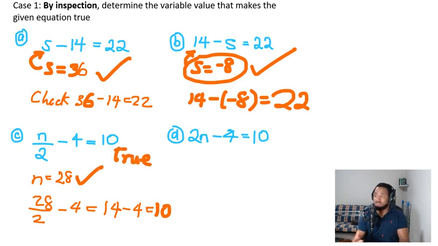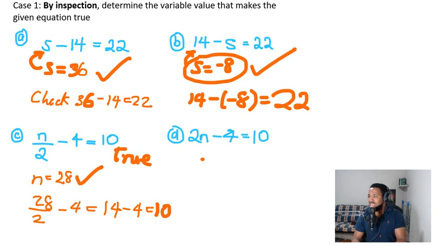And this is going to be different, of course, from this particular question right here, where 2 is multiplied by n. So by multiplication you're going to figure out what number, with 4 taken away from it, gives you 10.